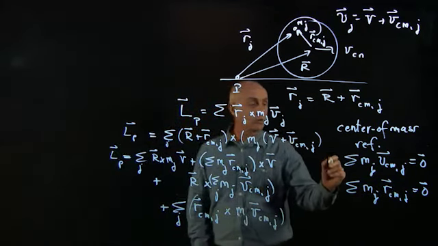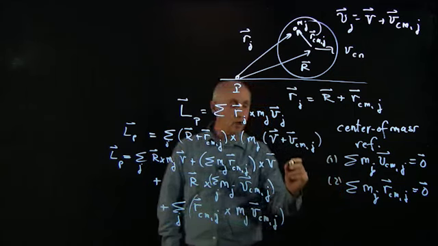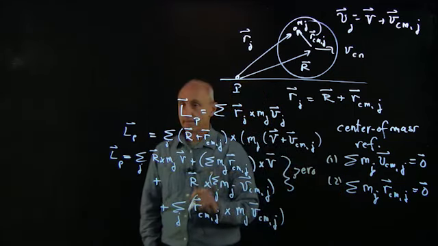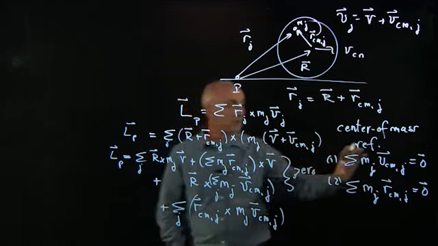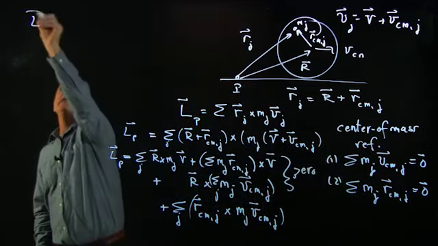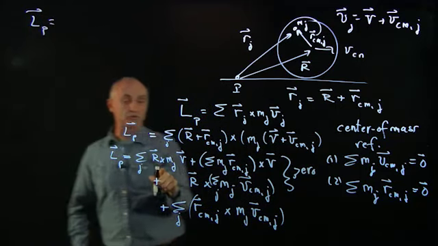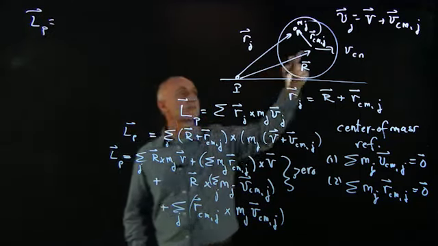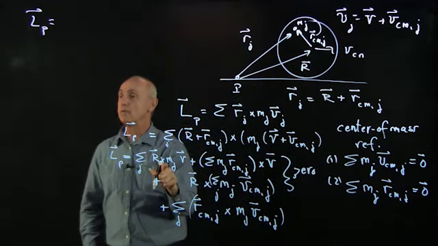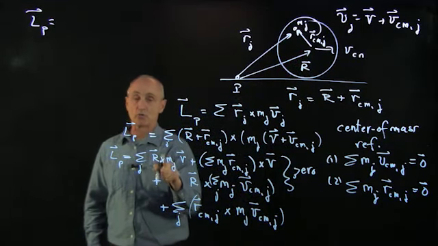Now, from these two conditions, 1 and 2, both of these two terms are 0. And that's the power of using the center of mass reference frame. So LP, now let's look at the first term. Here, r is the same for every particle. V is the same for every particle. When we're summing over the mass, we're just getting the total mass.